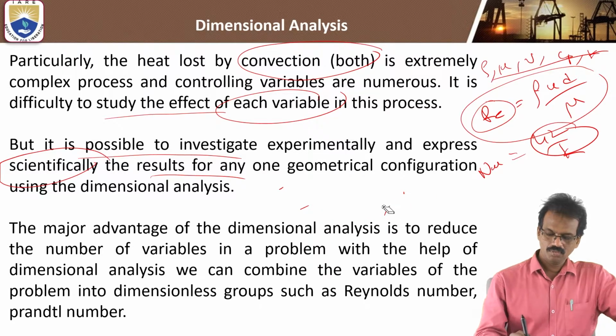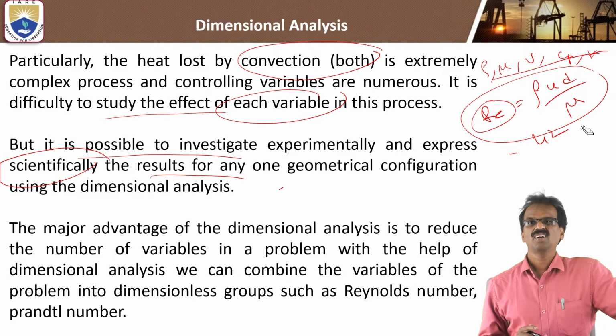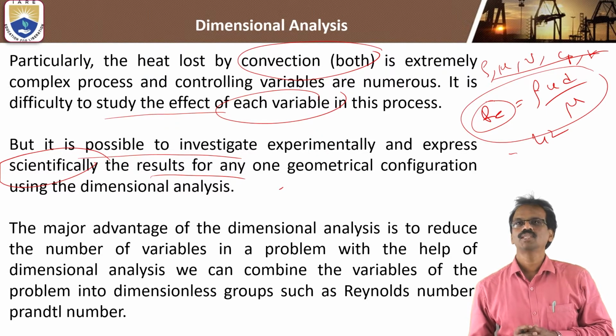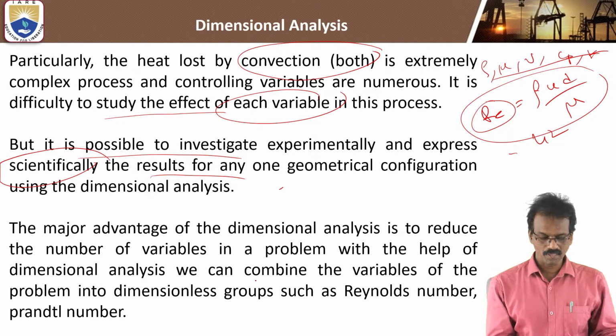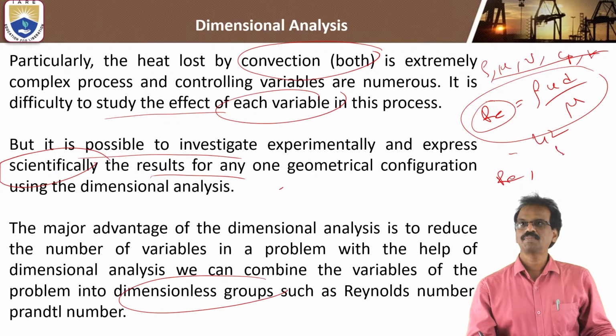Otherwise you will get some confusion. Because in convection there are so many fluid parameters, we cannot study the effect of each variable individually. So we can combine these physical variables into dimensionless groups, a group of Reynolds number, a group of Prandtl number.